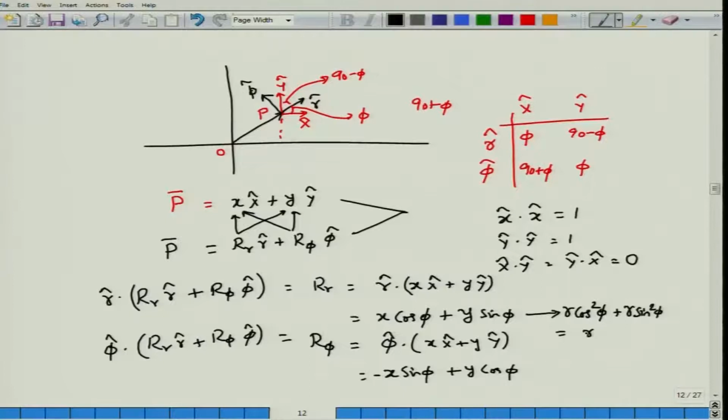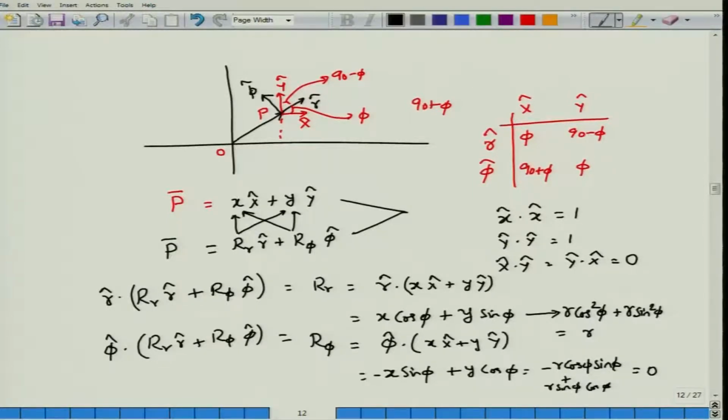Okay. What will happen to this fellow r phi? You can see that when I substitute for x, the first term becomes minus r cos phi sin phi plus the second term becomes r sin phi cos phi, but one of them is carrying a negative sign, therefore this becomes 0, right.